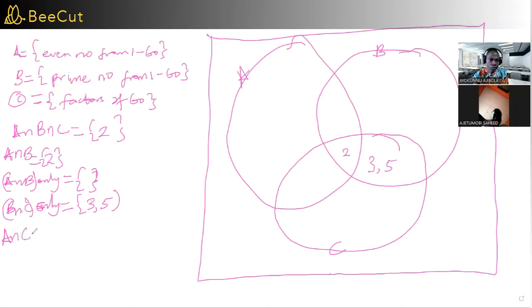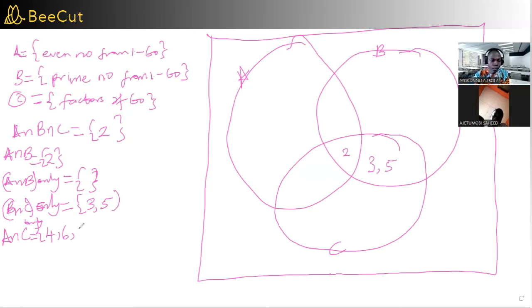A and C. Now, in A, we said A are even numbers. C are factors of 60. So that means we have to pick all the factors of 60 that are even numbers, starting from 4. So A intersection C only now. Starting from 4, we have 4, we have 6, we have 8 as an even number, but it's not a factor of 60.